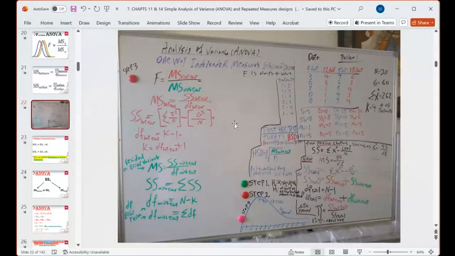MS between is sum of MS. Again, MS is ANOVA, and MS is variance, and you know variance, sigma square, is SS divided by DF, okay?